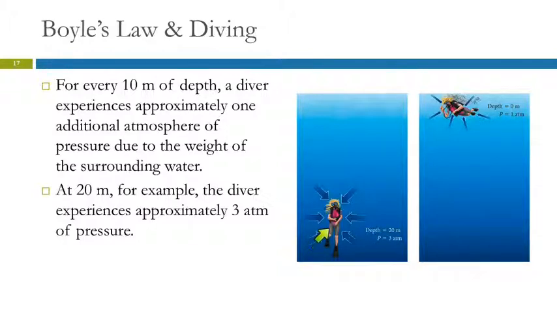So this diver is 20 meters down. The pressure has gone from 1 atmosphere at the surface, 2 atmospheres at 10 meters, 3 atmospheres at 20 meters. 3 times the pressure is a significant difference.